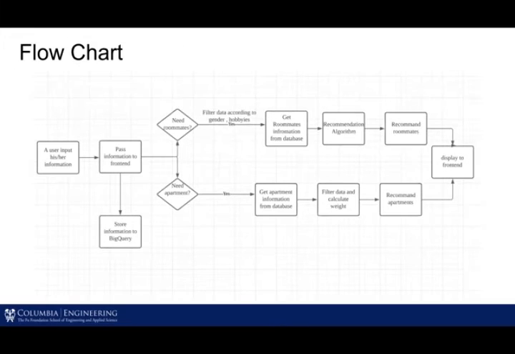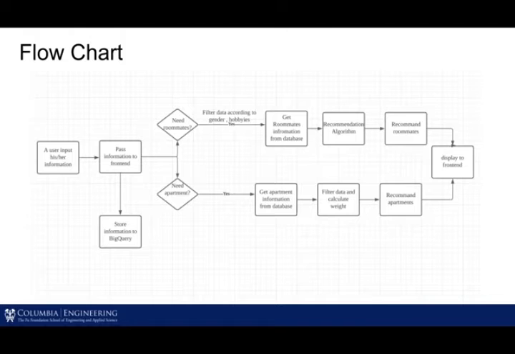Here is the flowchart of our project. First, the user will input his or her information, and this information will be passed to the front end. If the user wants us to recommend roommates, then we will filter data according to gender, hobbies, and so on, get roommates' information from the database, and recommend roommates using our recommendation algorithms.